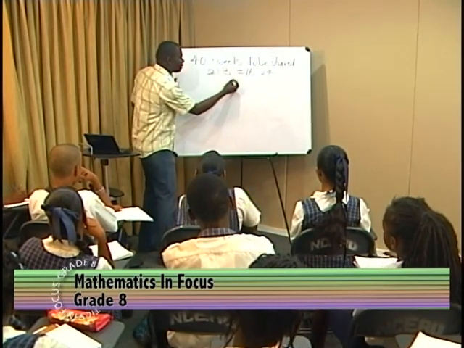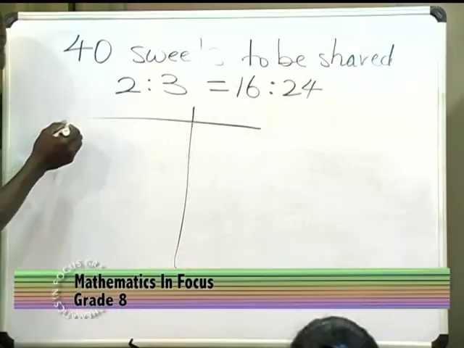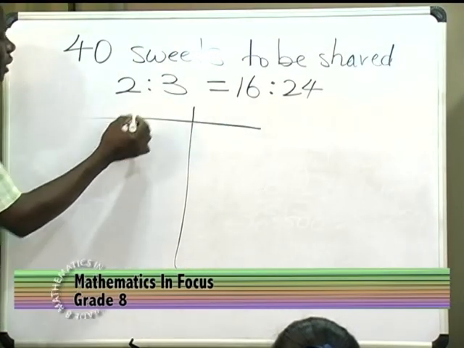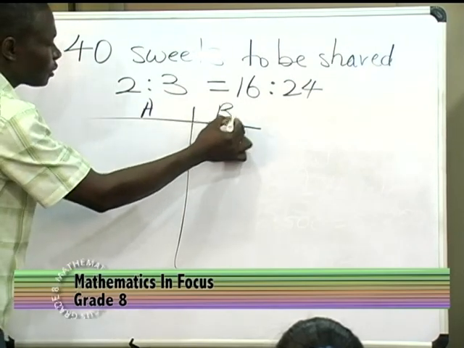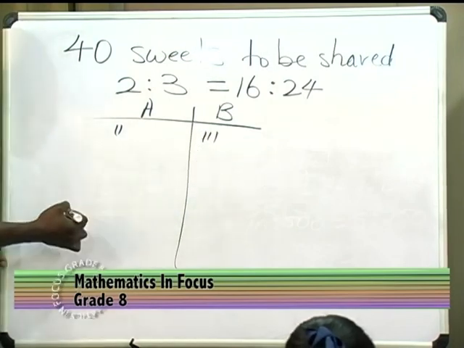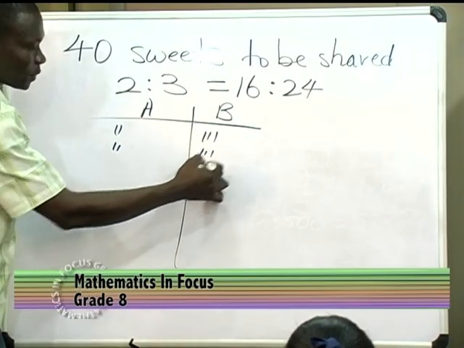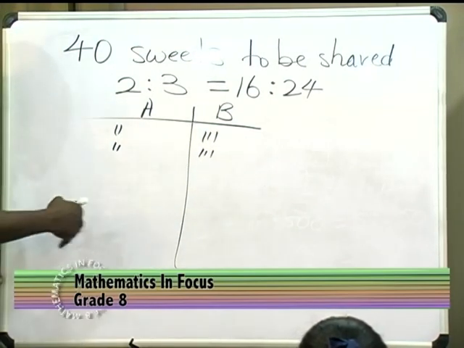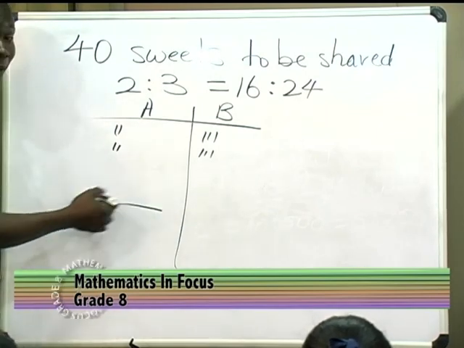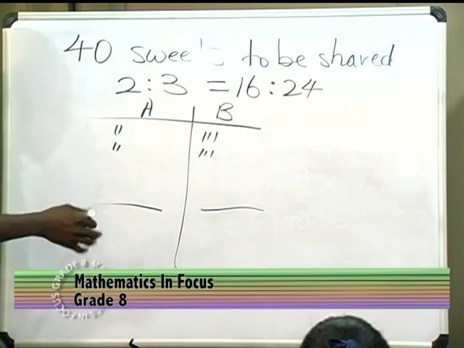This isn't wrong, but it takes a lot more time. The person had girl A, girl B, and this one gets 2, this one gets 3, this one gets 2, this one gets 3. They counted up until they totaled 40, and then added up all of this to see how much this one gets, and all of that to see how much the other gets.